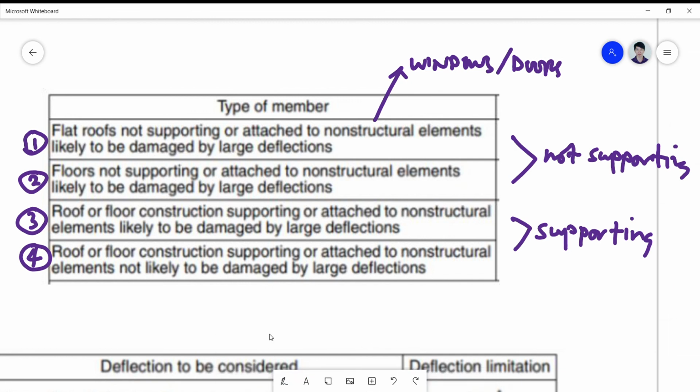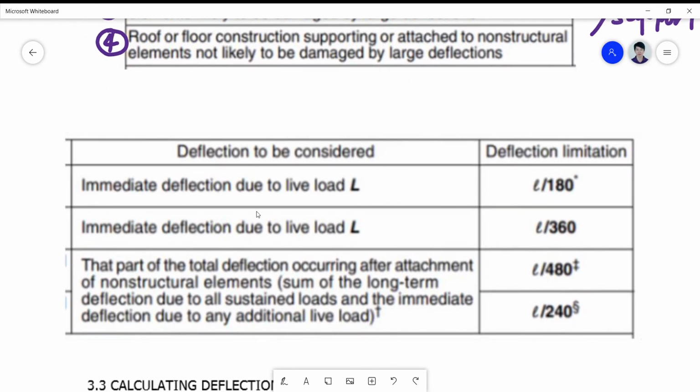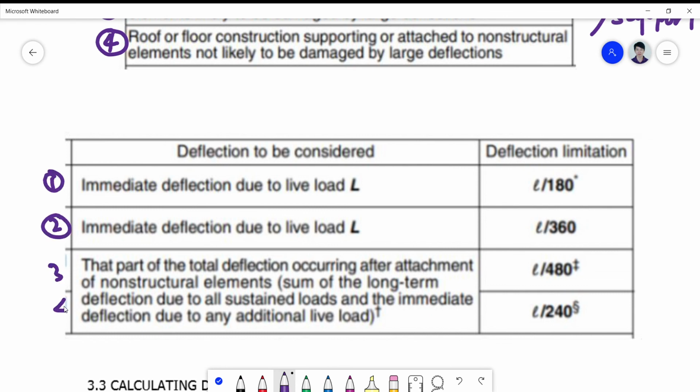So this is a continuation of this. This is also numbered 1, 2, 3, 4. The 1 and 2, and the 3 and 4 are mixed. So what are you going to do? When you are using type of member 1 and 2, you ought to solve only immediate deflection.